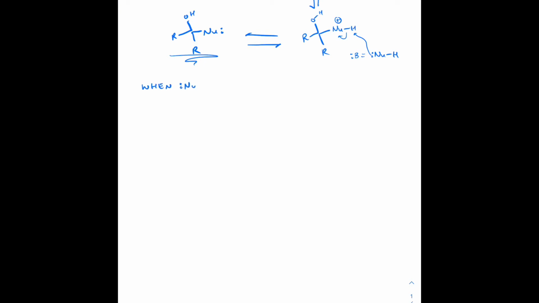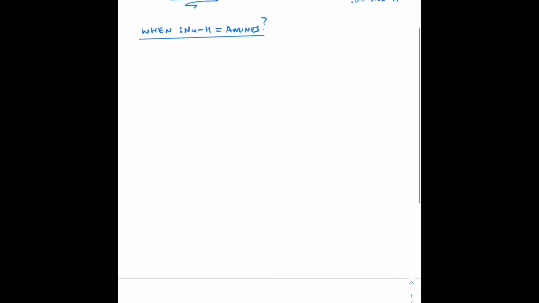And so sometimes, depending on the nucleophile, we will get this alcohol product. However, when it comes to amines, we'll see that we actually get a variety of different products, and that's just because of the nature of the nucleophile, as well as the intermediates that form and the reaction conditions they're under.